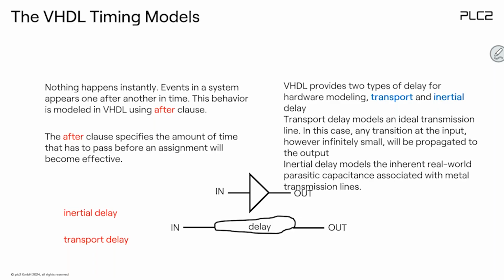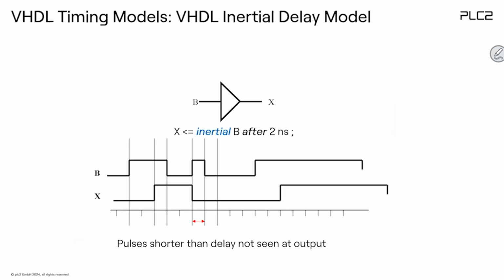So this means I'm able to assign some timing information to a model, to a component like the input buffer or whatever. Again, this is not what you can use for synthesis, but this is something we should use for the simulation. We have two kinds of delay models here. One is called the inertial delay model.